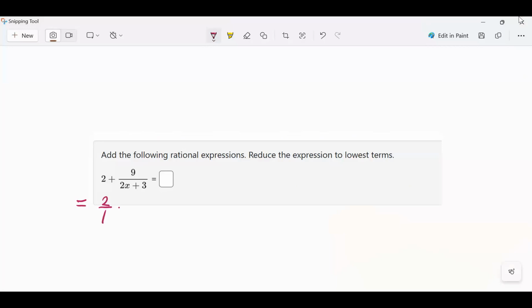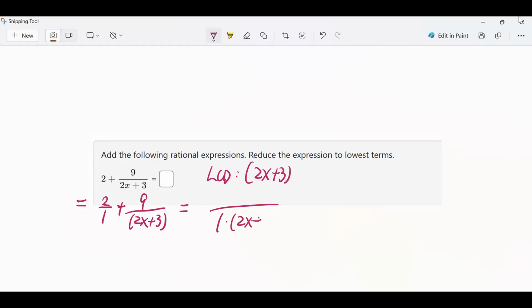Adding, right? Adding 9 over 2x plus 3. Now then supply the LCD. LCD is just 1 times that, so it's 2x plus 3. That's all, right? And then for the first term, you just multiply 1 by 2x plus 3. Same thing, 2 times 2x.